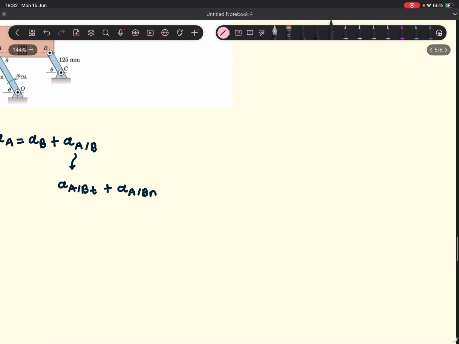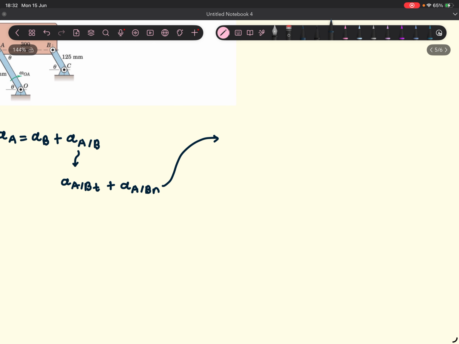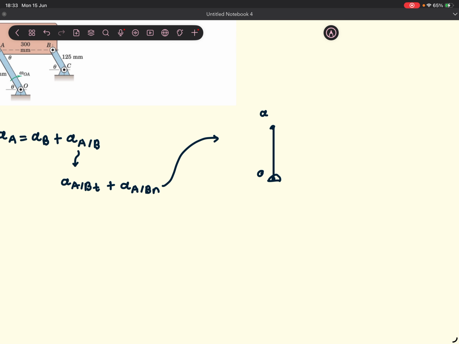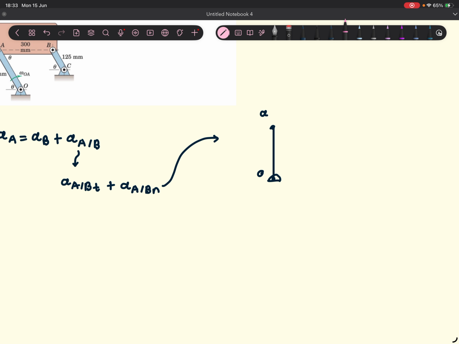So when dealing with a pure rotation situation, let's say we have fixed axis rotation, I'm going to call this point O, and this point A. The acceleration of point A is going to be broken up into a normal component, so acceleration of A normal, and this normal component always points towards the center of rotation.